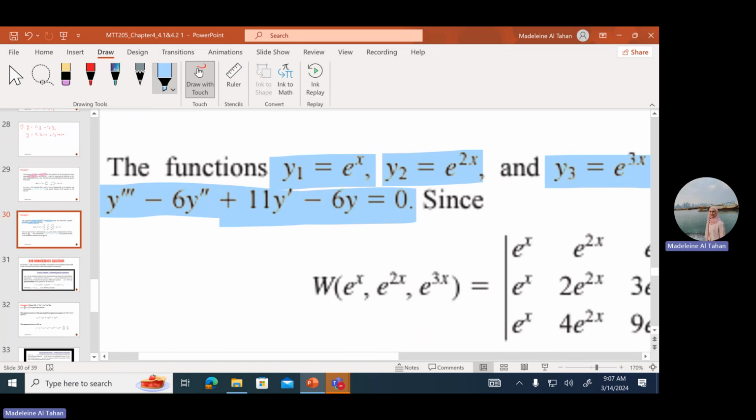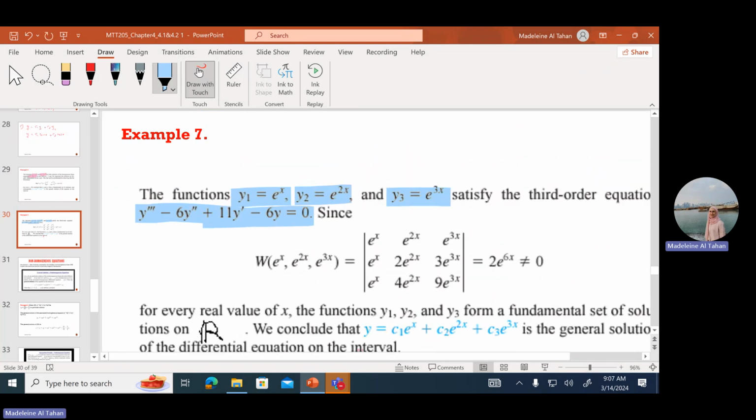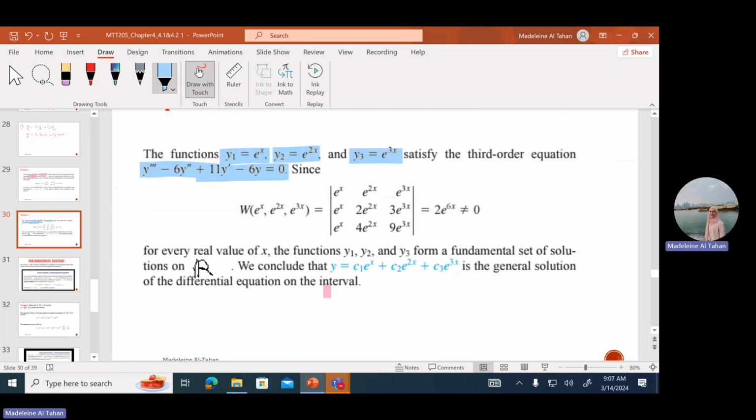What's the derivative of e^ax? e^ax. So e^2x becomes 2e^2x, and e^3x becomes 3e^3x. So how many functions do we have here? 3.